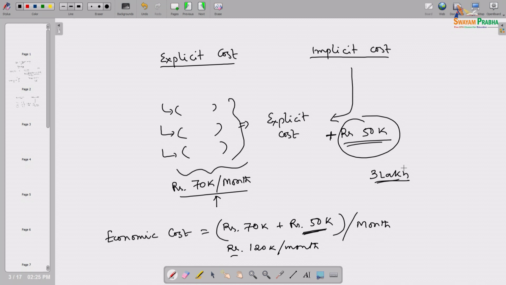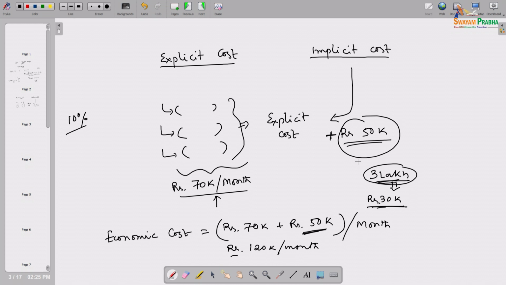You can take that loan from the bank and pay some rate of interest, 10% suppose. So, if you take this 3 lakh rupees from the bank as a loan, per year you have to pay 30,000 rupees as interest on the loan you have taken from the bank.